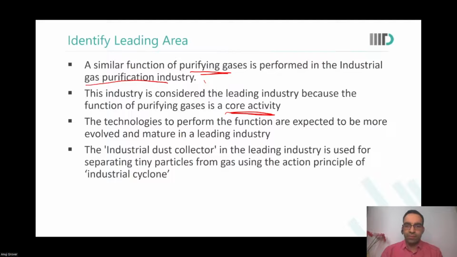So you look at it, and then you look at technologies where the same function is performed in an evolved or more mature method. So you look at, okay, there are industrial dust collectors, these chimneys and everything. So there are these industrial methods, and the action principle that they use is what is called an industrial cyclone.